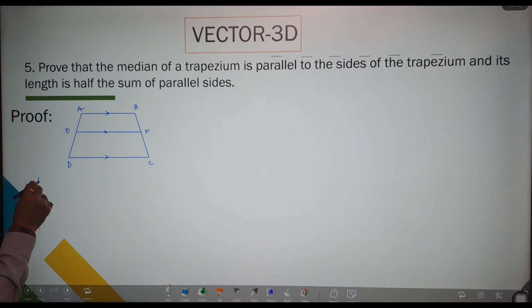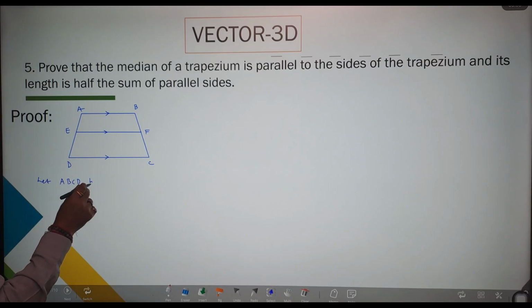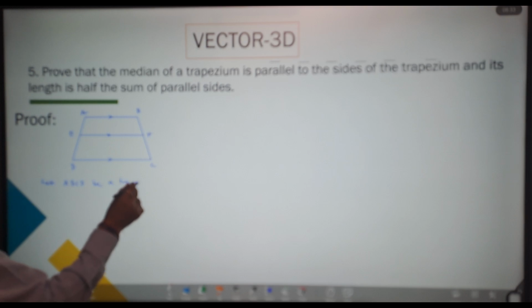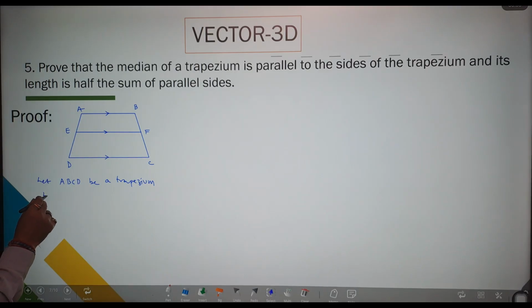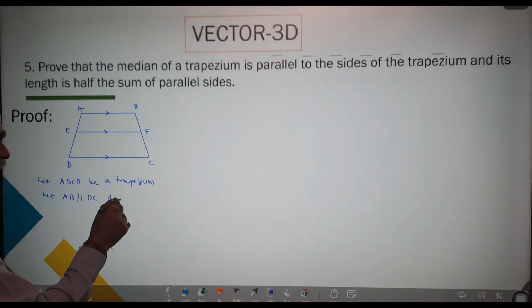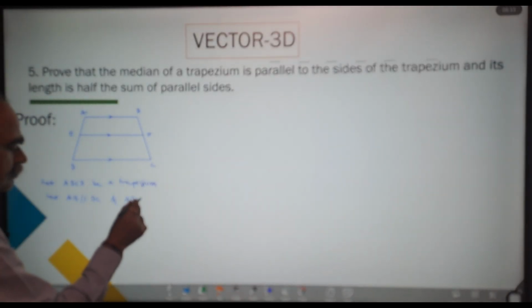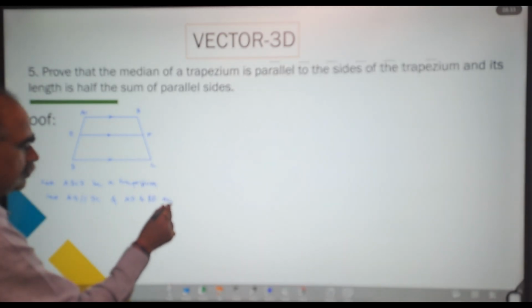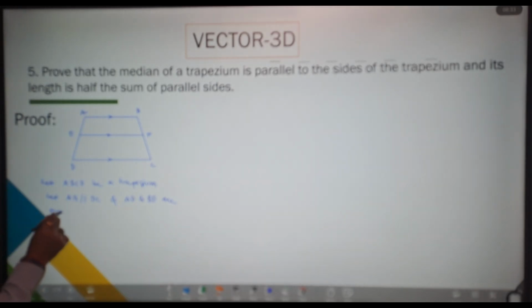Let ABCD be a trapezium. Let AB be parallel to DC, and AD and BC are non-parallel sides.